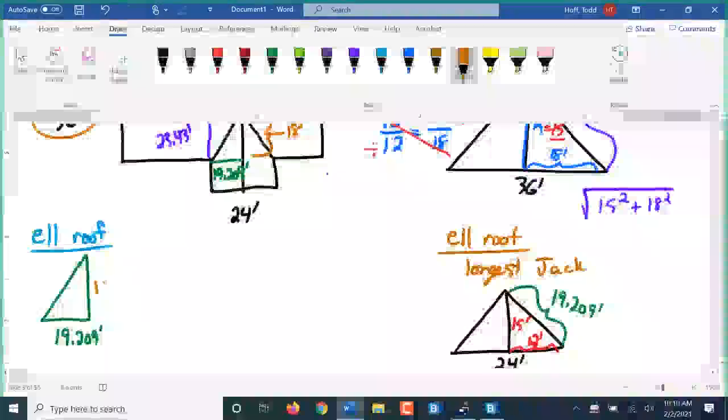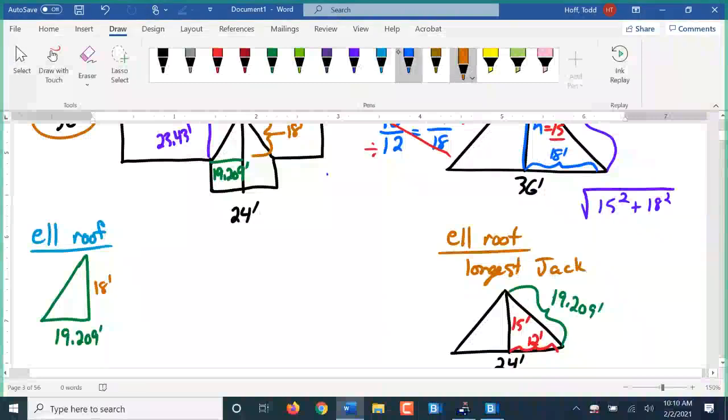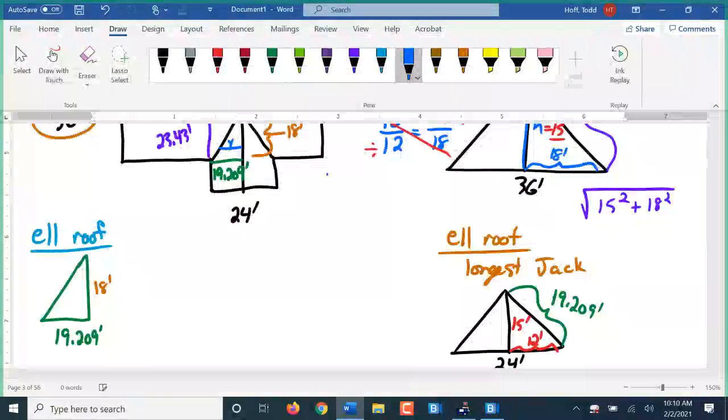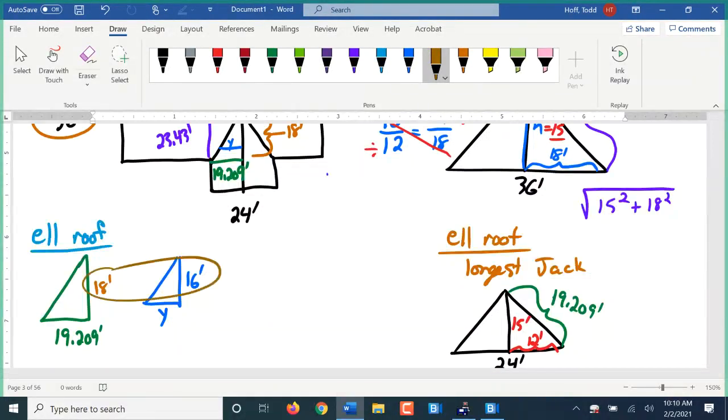That's 18 feet. So to find the next jack, I'm going to call that Y. This is going to be 2 feet less with our 2-foot spacings. That's 16 feet. So the 18 is related to the 16 in the same way that the 19.209 is related to Y.